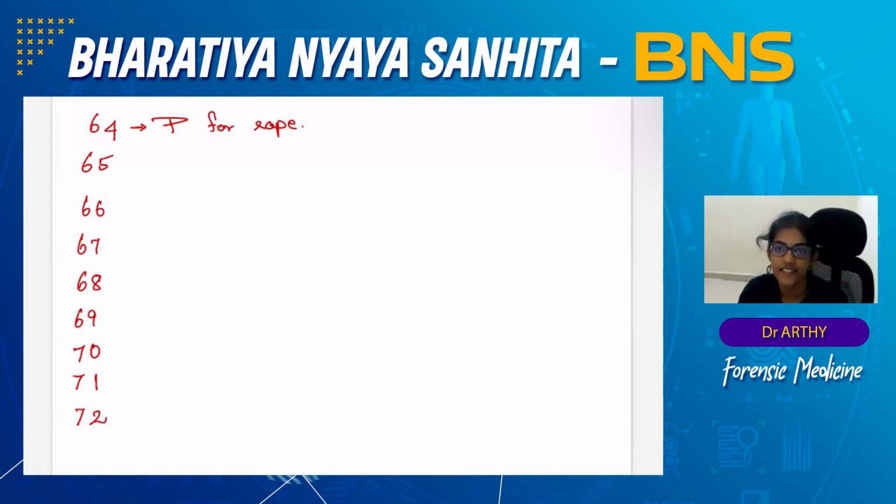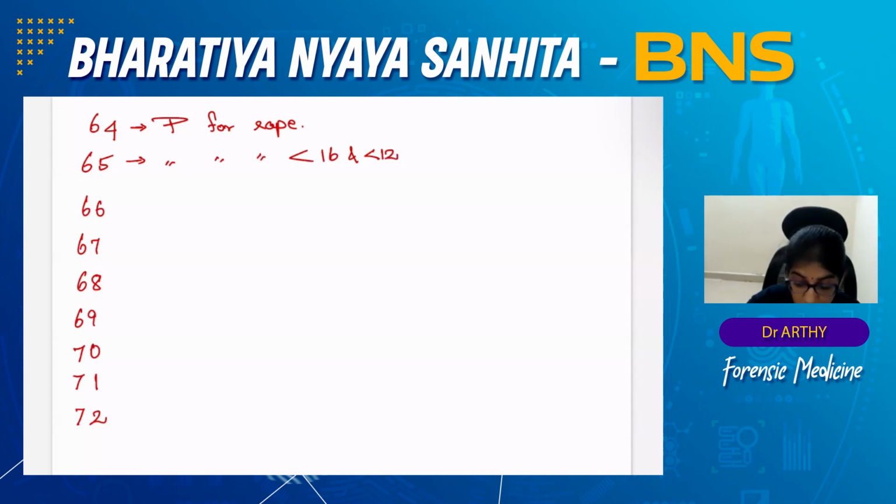All of these, they spoke mainly about offences against a woman, either in rape form or in any other. So let's talk about it. One is punishment for rape. In 65, they spoke about punishment for rape on a female less than 16 years of age and less than 12 years of age.